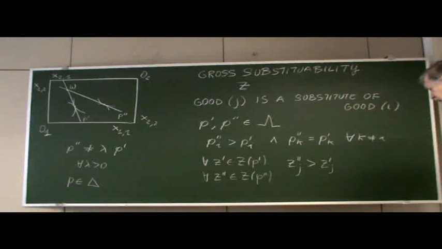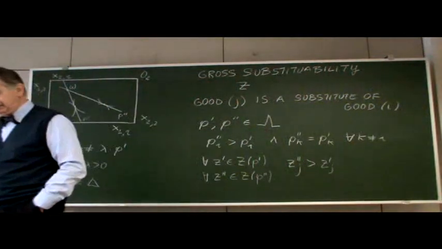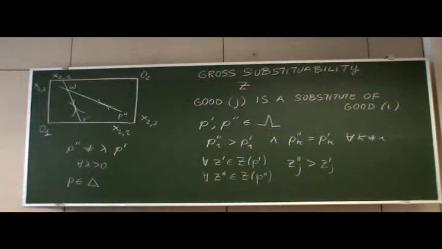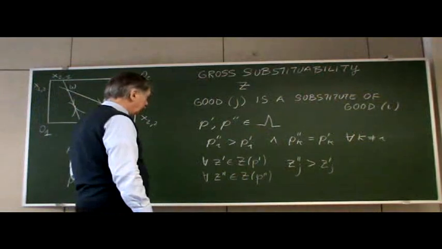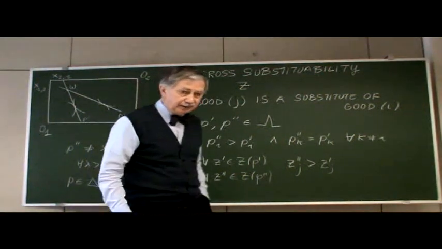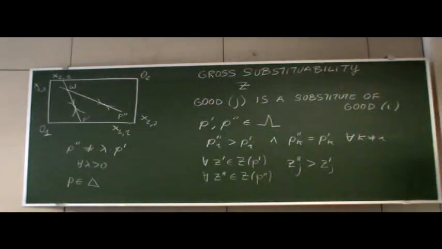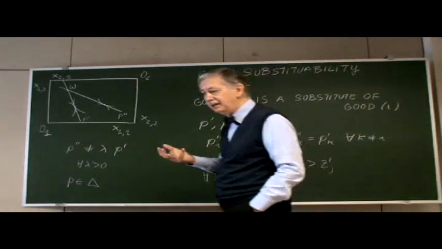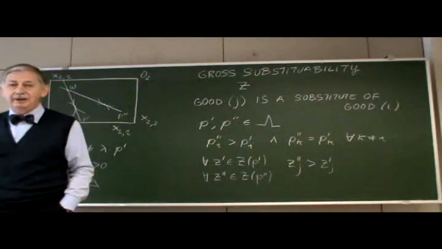This is the typical case of rivalry in consumption. You remember from the first part of the course, two goods satisfy the same need, and when the price of one of them increases, it is convenient to satisfy the same need by using a greater quantity of the other good.